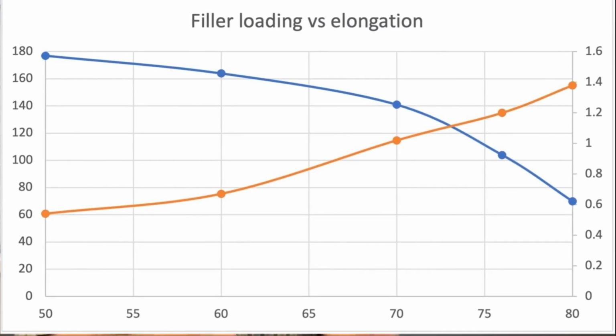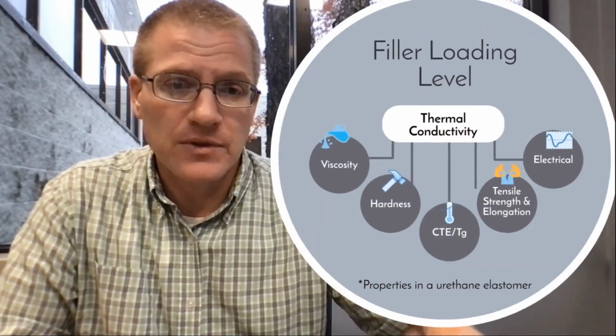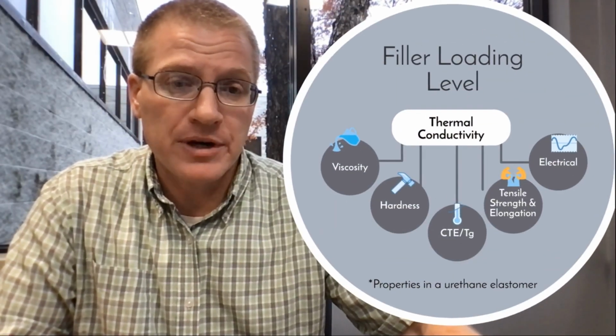So as you increase filler loading to the right in this graph, you see a decrease in the elongation, all right? And the reason you're getting a decrease in the elongation in the blue line there is because you have less and less polymer, which is the elastic portion, and more mineral, which is the rigid portion, which doesn't have very high elongation at all. All right? And then electrical properties, right?